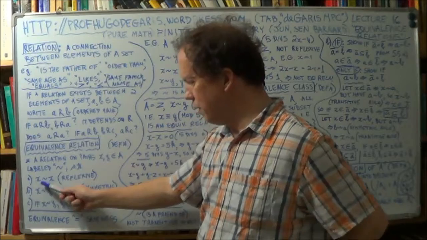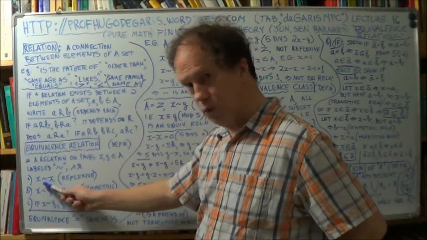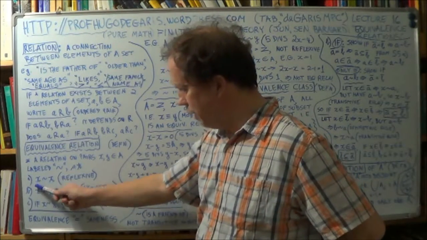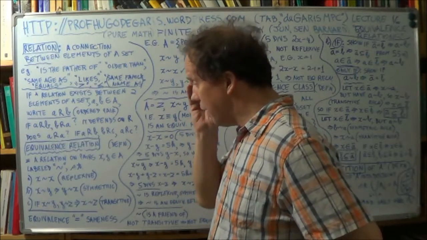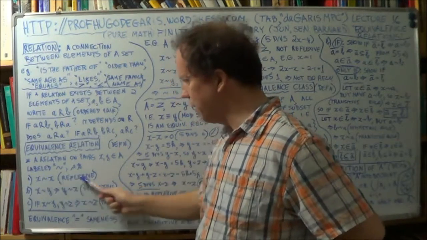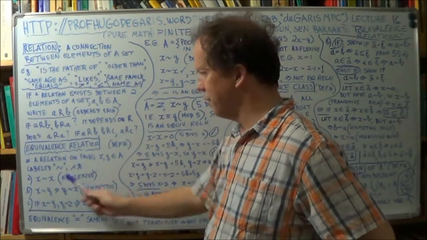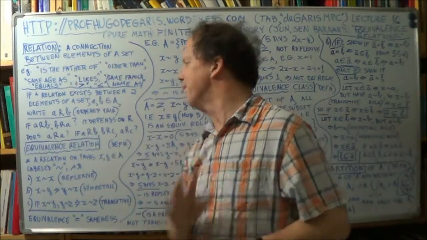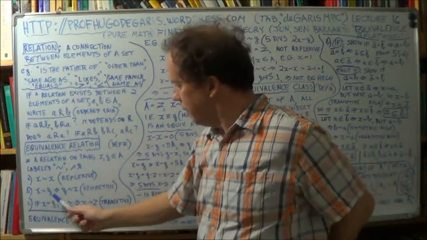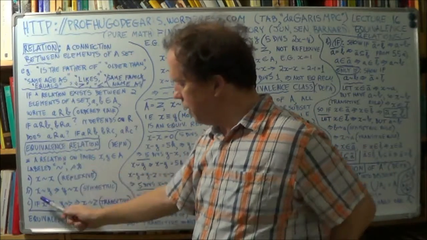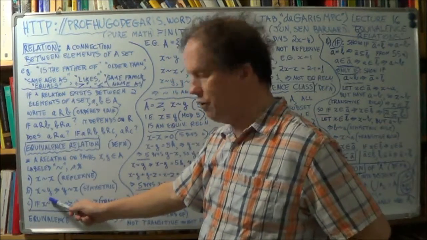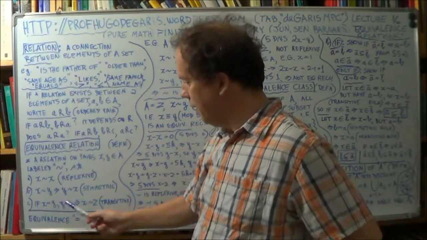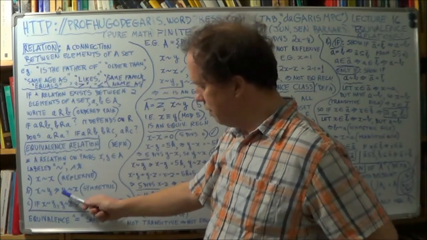And if this equivalence relation holds between x and itself, this property is called reflexive. Sort of like a reflection in a mirror, right? x, x.